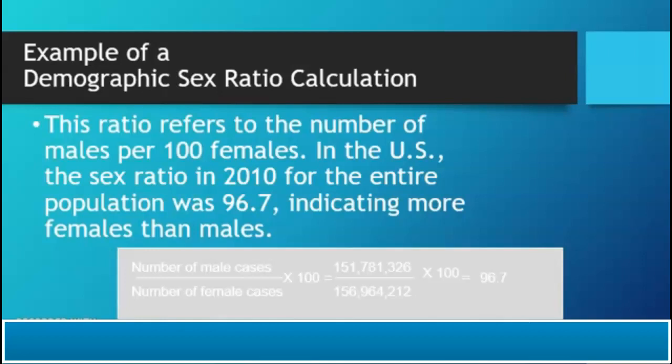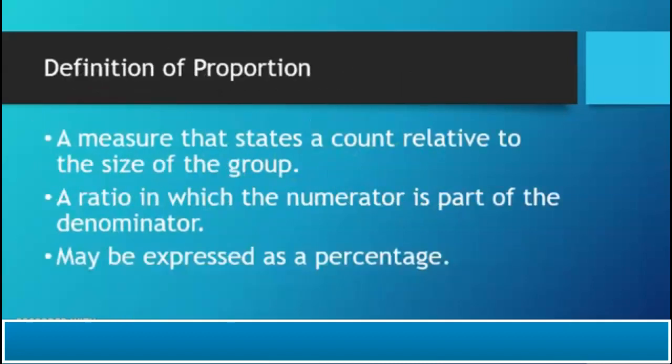So, as you can see, the sex ratio in the year 2010 was 96.7 males to 100 females. Demographically, you will always see that there are more females than males, and the reason is higher life expectancy. So this is a very simple example of what a ratio entails.